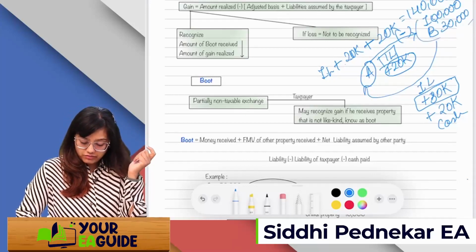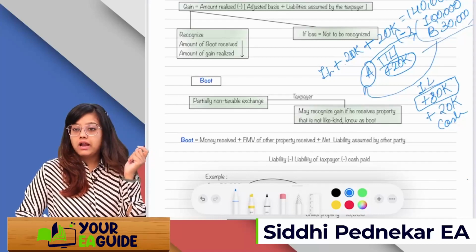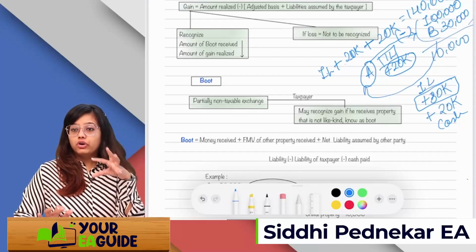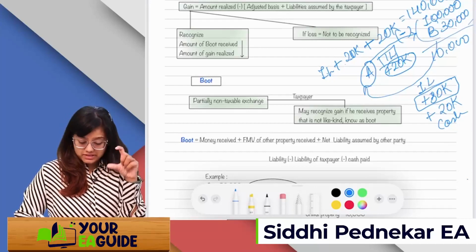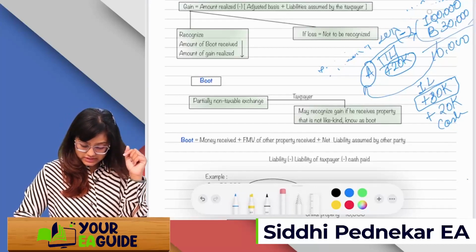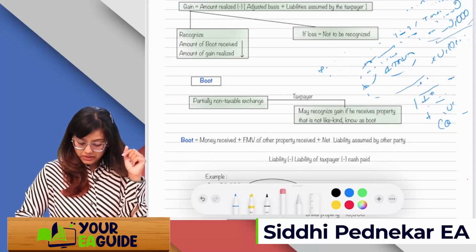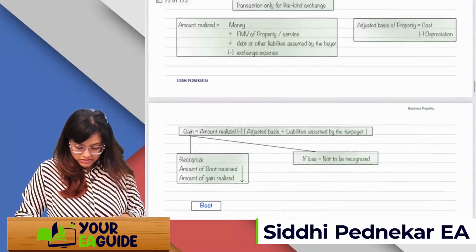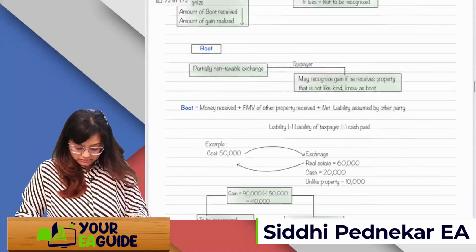So out of 140, 130 I'll reduce as a cost. So my benefit is just 10,000. Don't worry, we are going to do these examples right now. I have included a lot of examples for this topic because it is important, and without looking at the examples, you will not be able to understand it.